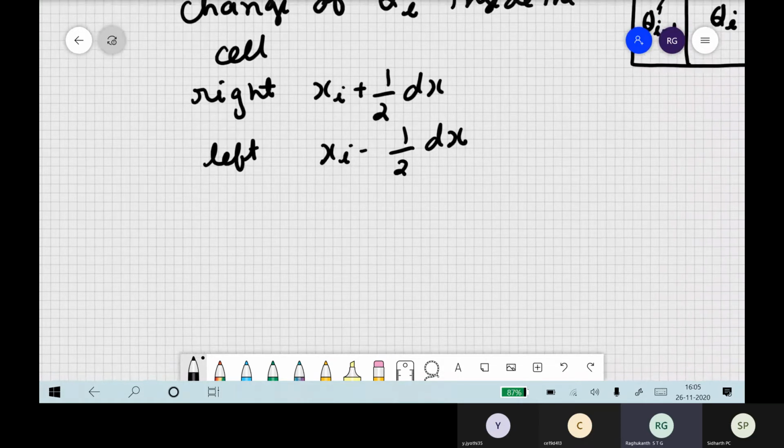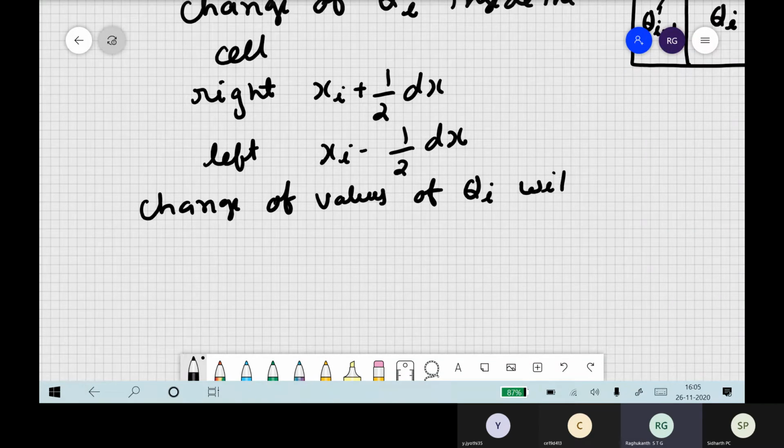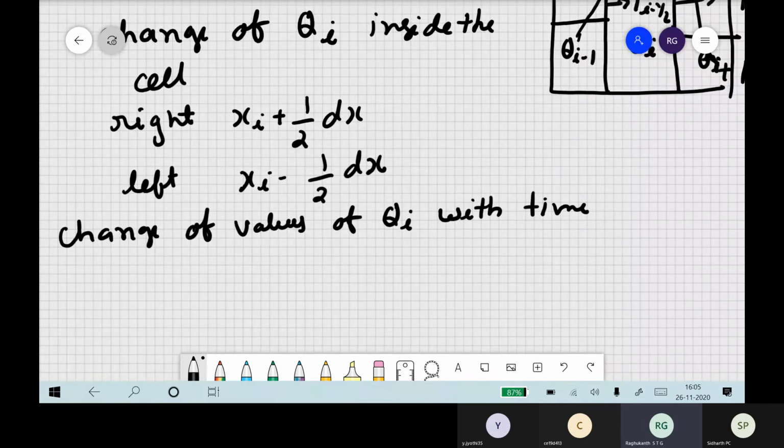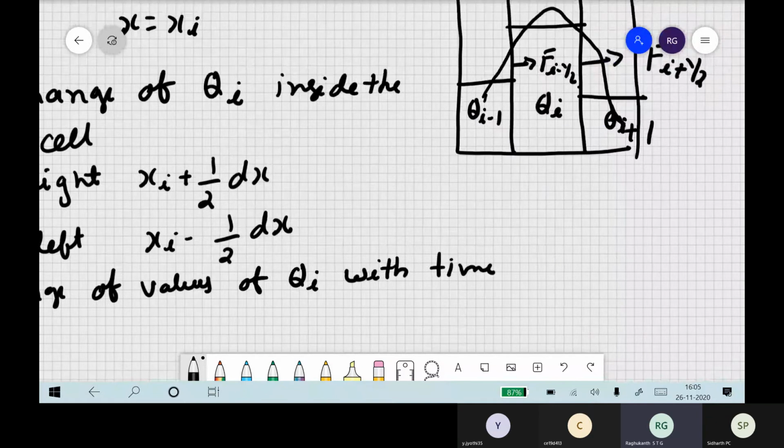Now if I want to find the change of q with time, of this qi, you have to imagine it is like conservation of mass, or like a fluid flow. We want to find out how much things are changing in this cell qi in time. It depends on how much is the inflow and how much is the outflow, how much is coming inside and how much is going outside.